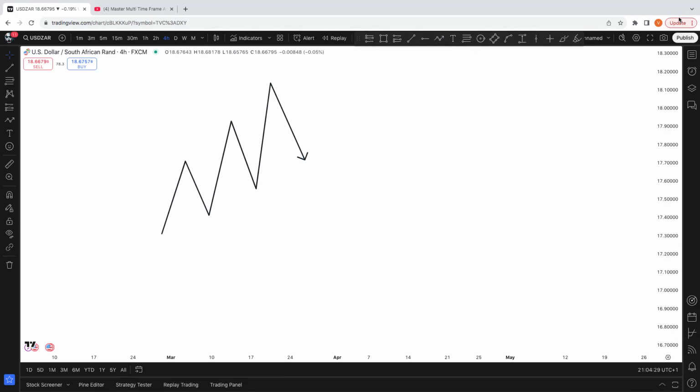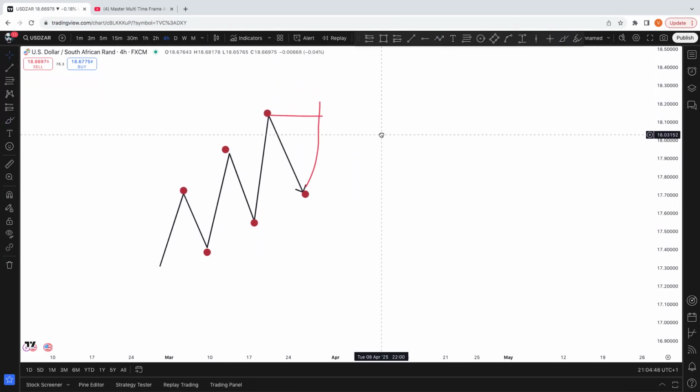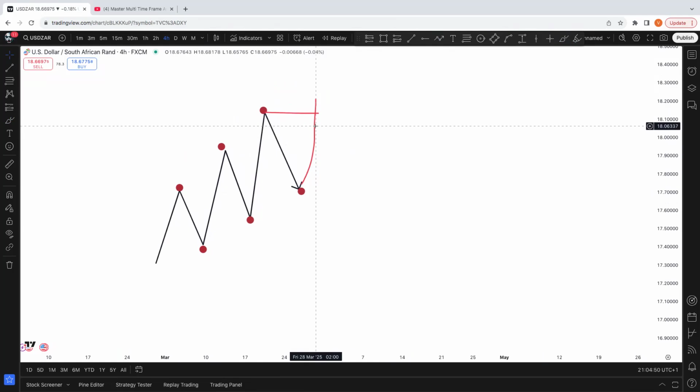We have something like this. Here is our higher high, here is our higher low, a higher high, and also a higher low, a higher high, a higher low. And then what is our anticipation or our projection? The price is going to go ahead and create a new higher high, to continue the trend. This will be our projection for the market.